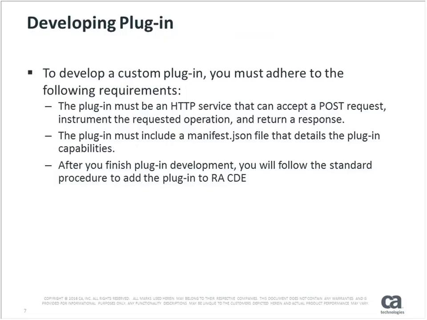Well, as you can see in the bullet points I presented here, the plugin must be able to accept HTTP, to accept RESTful calls, ideally, because that's the best way of handling this. And it needs to be able to accept a POST request and/or a GET request. All the available types of HTTP services can also be used here as well.